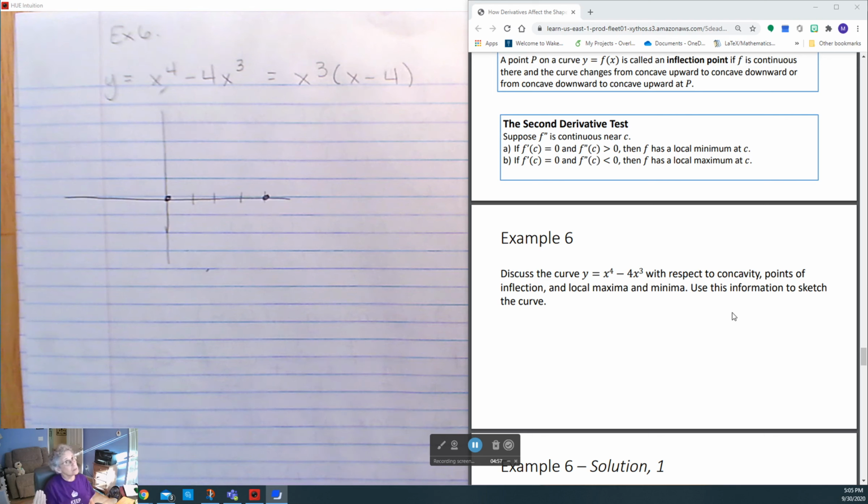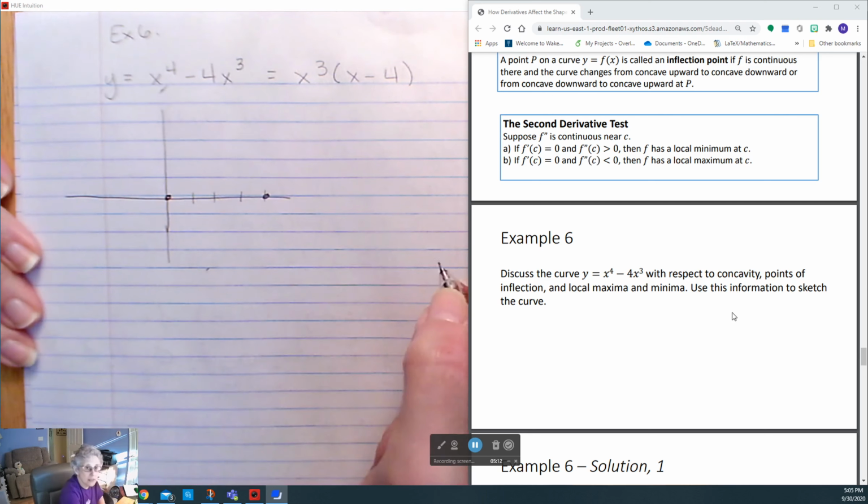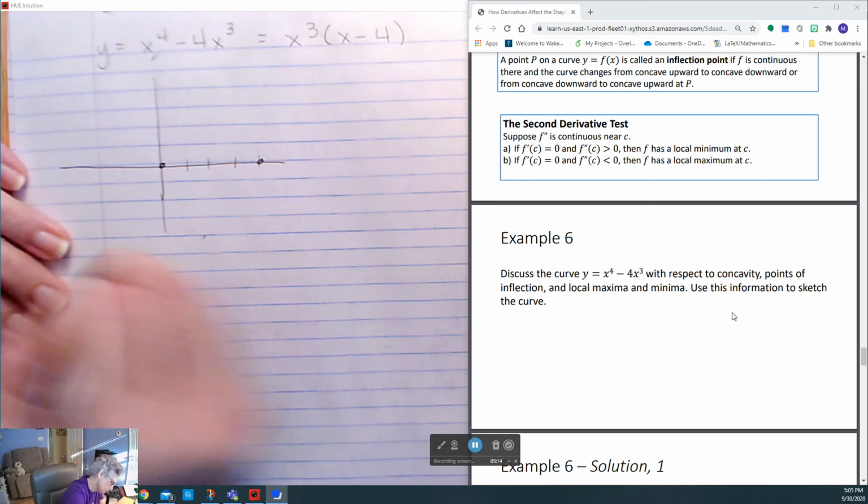I know it crosses because I remember my pre-calculus that says if we have an odd multiplicity, we cross the axis. If we have an even multiplicity, we touch the axis. So I know it's going to cross at both of those places. Let's take the derivative now.